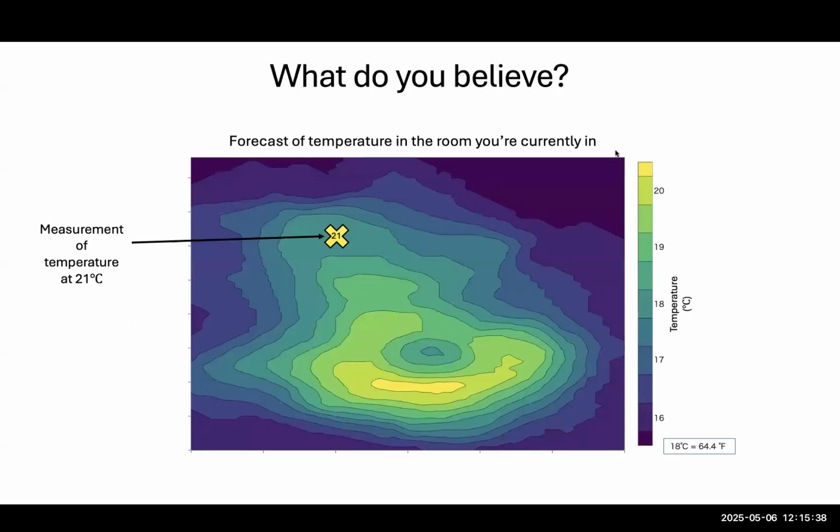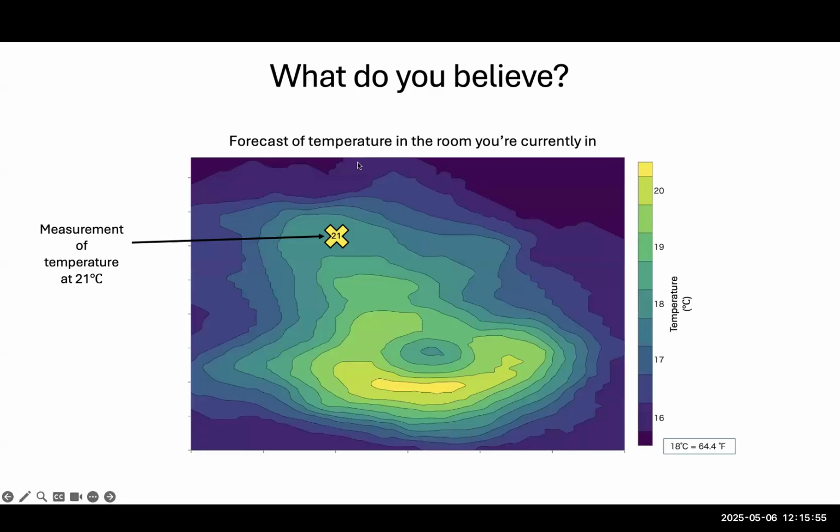So I'll talk about data assimilation, what it is and why we use it. So data assimilation sort of comes about from, if we have models and we have observations, what should we believe?